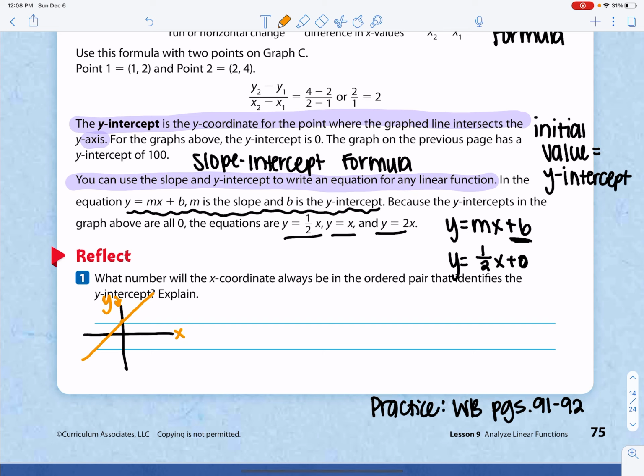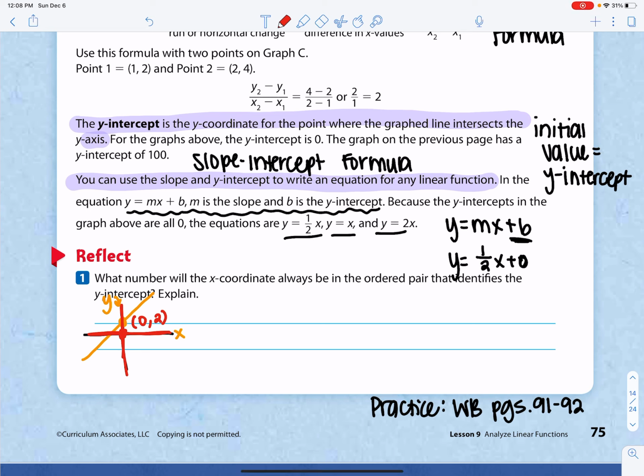So where this line goes through the y-axis, if you look at our x-axis, it's going to have to be when x equals 0, no matter what. So you're going to have 0, comma, whatever that number is, we'll just call it 2. It doesn't matter what it is, your x has to be 0, because the y-axis meets the x-axis at 0.